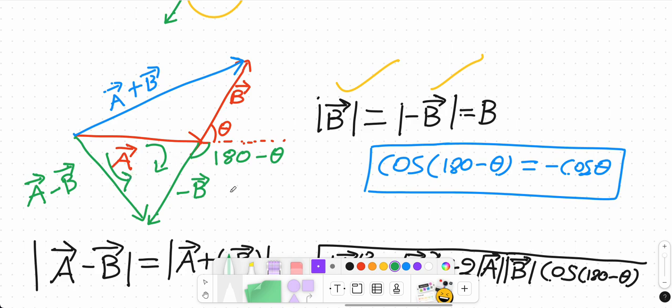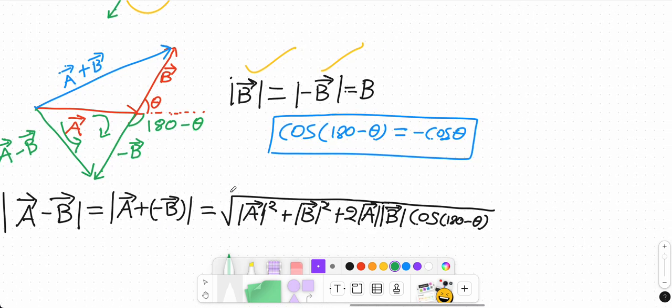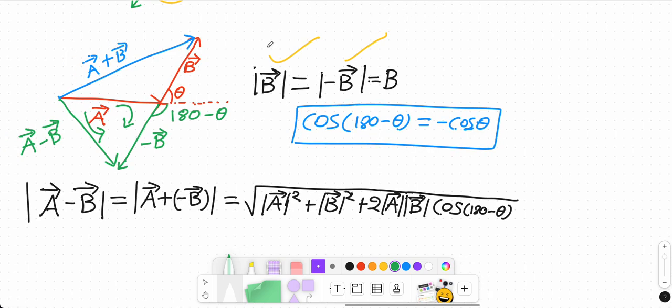Now let me use the triangle law of vector addition formula, that is, magnitude of a plus minus b is magnitude of a square plus magnitude of minus b square. There is a mistake, this is not b. Just a second, let me rectify it.